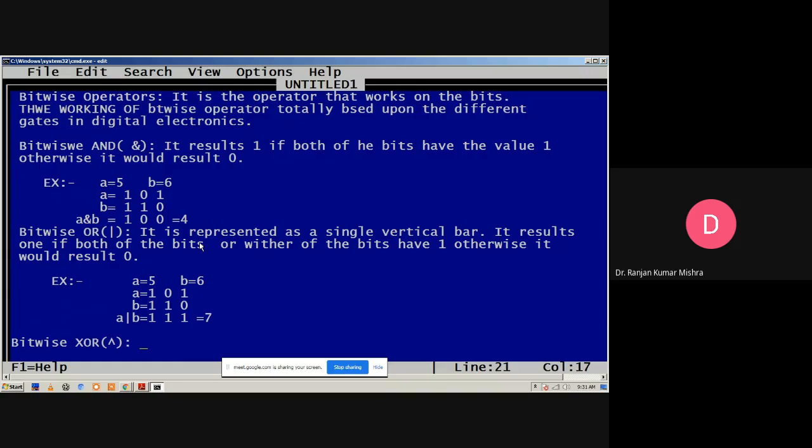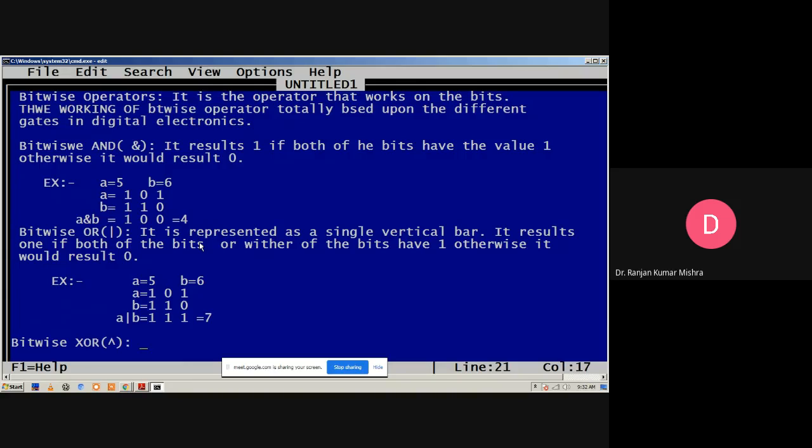Basically, as we know, there are two types of operators: one is the binary operator and second is the unary operator. How can we differentiate between a unary operator and a binary operator? The operator that requires minimum one operand is known as the unary operator, like increment operator, decrement operator, and bitwise NOT operator. These are in the category of unary operators.